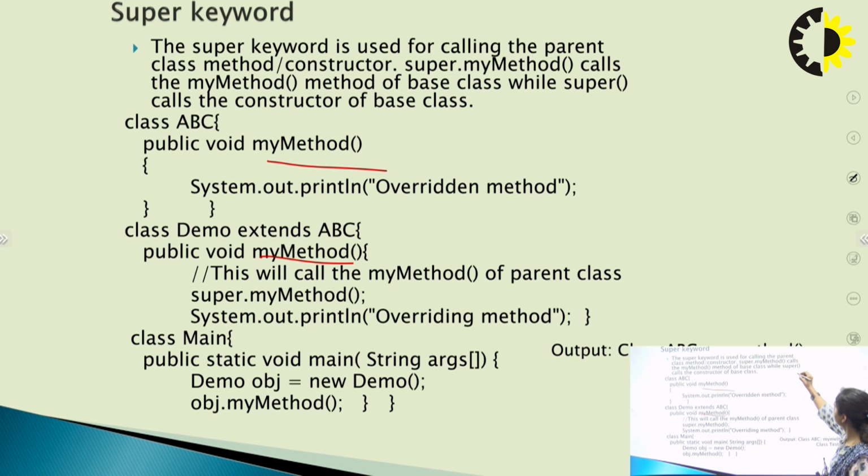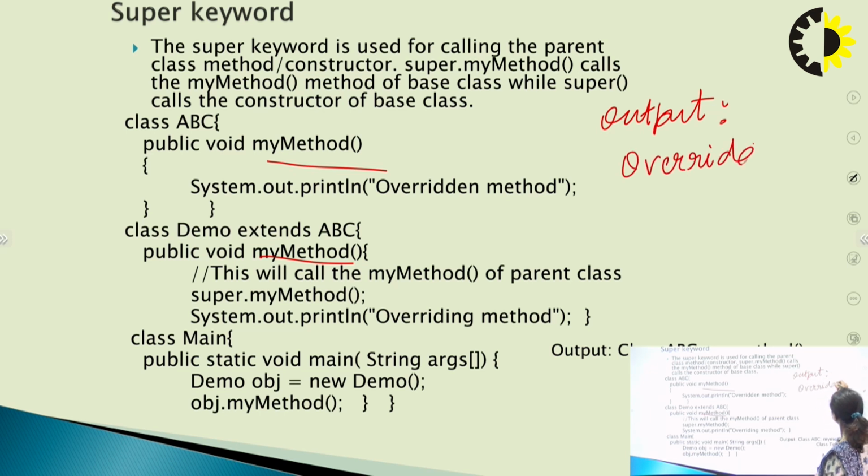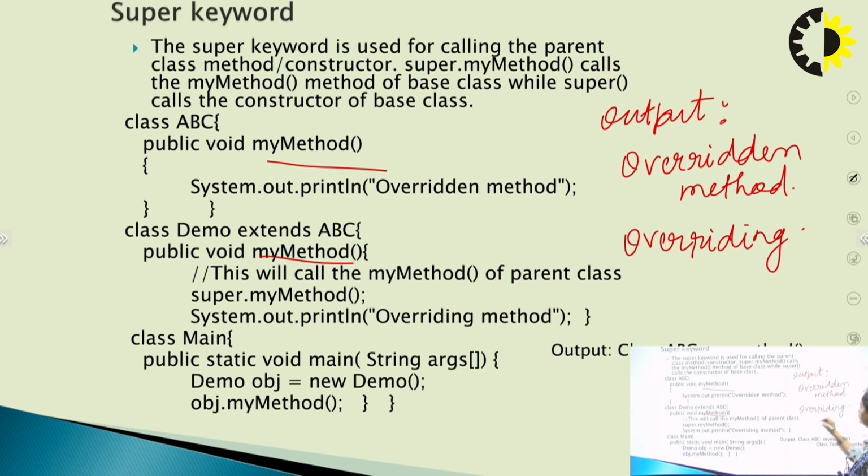So in the output, first we will get overridden method, and the second will say overriding method. Both statements will be printed like this.